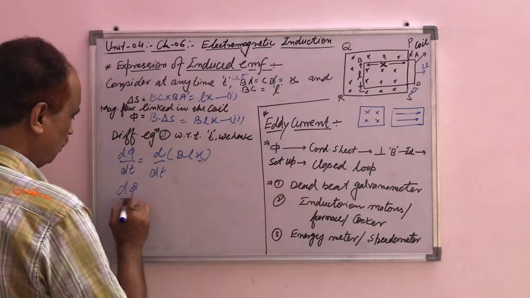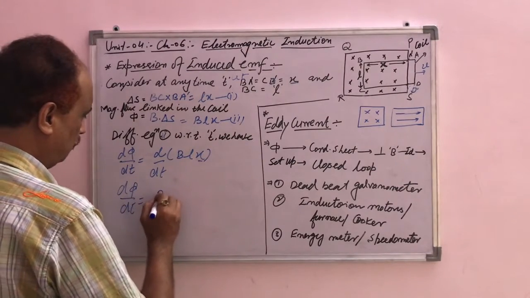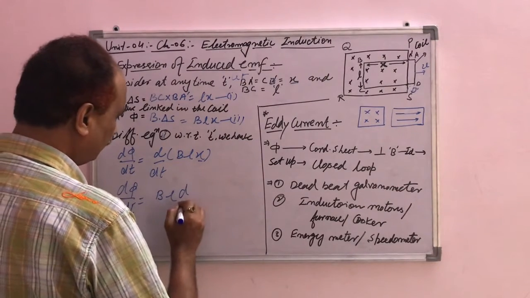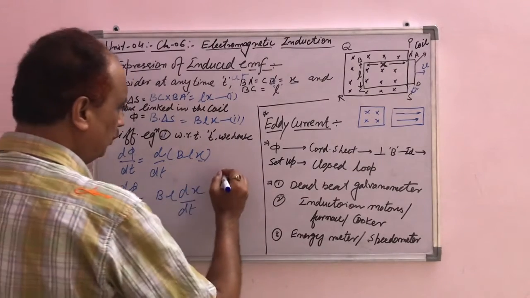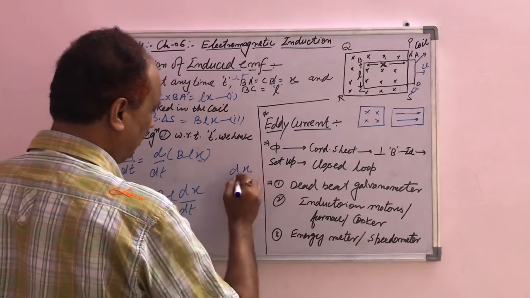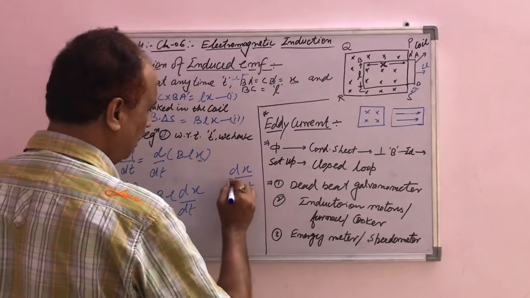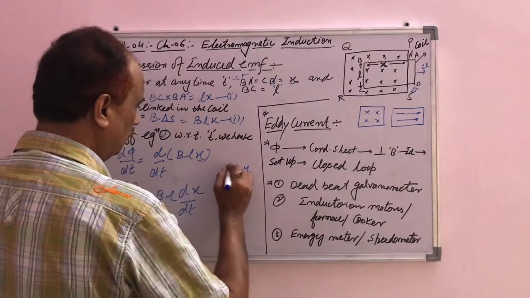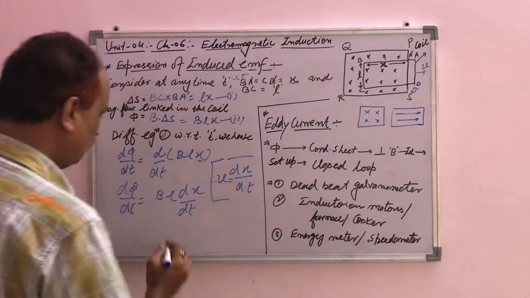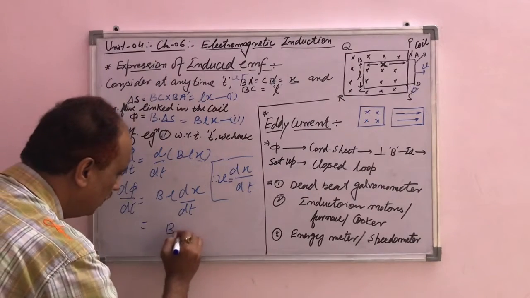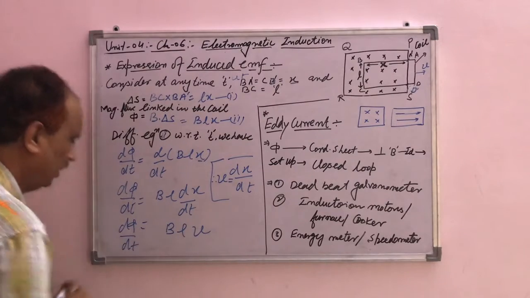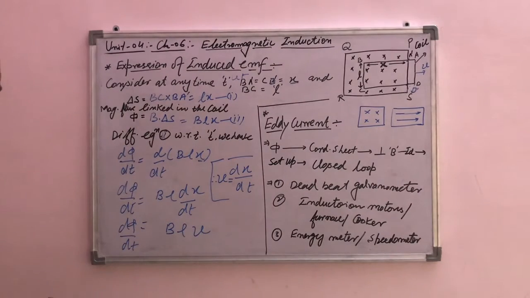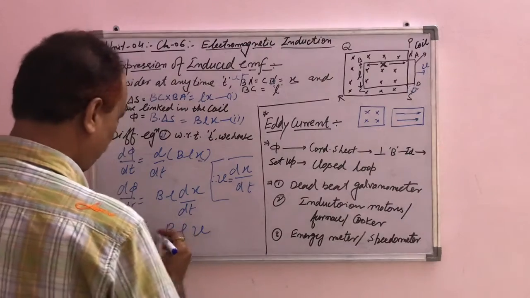So the rate of change of magnetic flux d phi over dt will be equal to B L times dx over dt. We know that dx over dt, distance divided by time, is always equal to the velocity. So we can replace it by the velocity: d phi over dt equals B L v. This is the rate of change of magnetic flux.